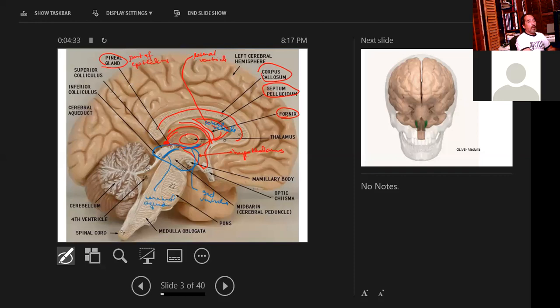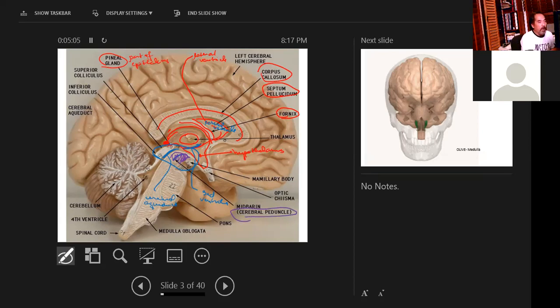So remember, we memorize the different ventricles in the different parts of the brain. The cerebral aqueduct. I want to identify the different parts of the midbrain. The structure you see in the front here, I'm going to change it to another color, is called your cerebral peduncle of the midbrain.